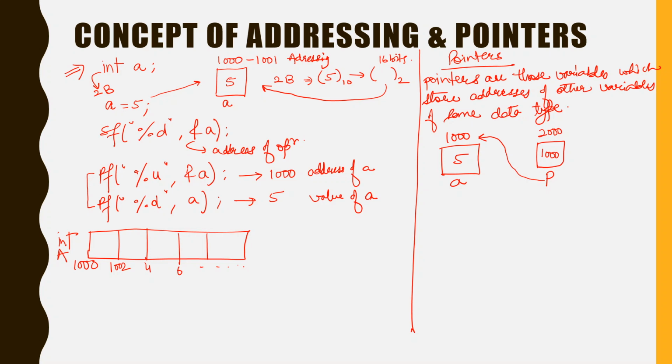See it carefully: a is an integer variable, since it stores a value in integer form. Here this 1000 is not an integer, it is the address. All addresses are generally in hexadecimal format, so here we are taking an imaginary hexadecimal value to be 1000.